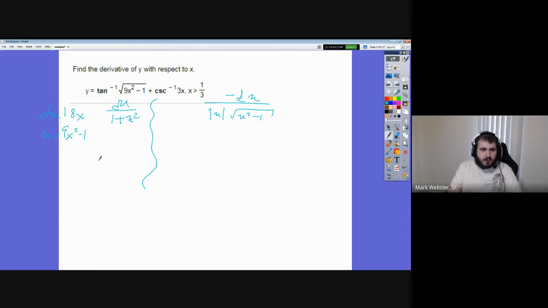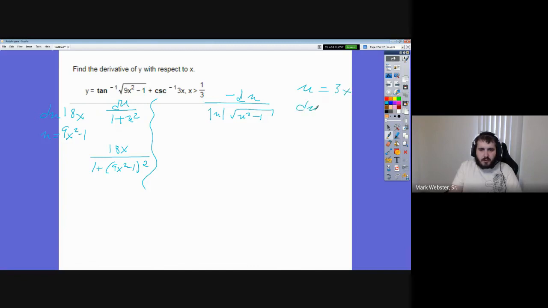So let's put all that to work here. We've got 18x over 1 plus 9x squared minus 1, squared. There's that. And then let's do this part. Cosecant. Well, what's our u? u is 3x.